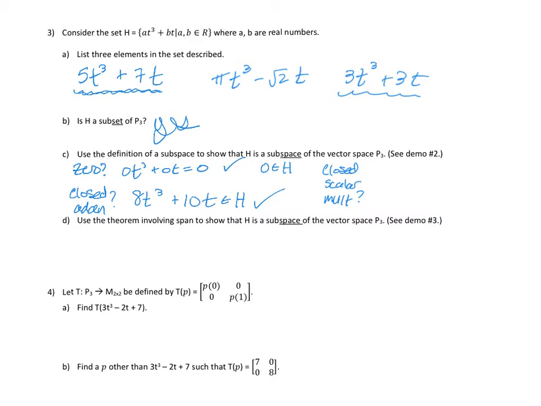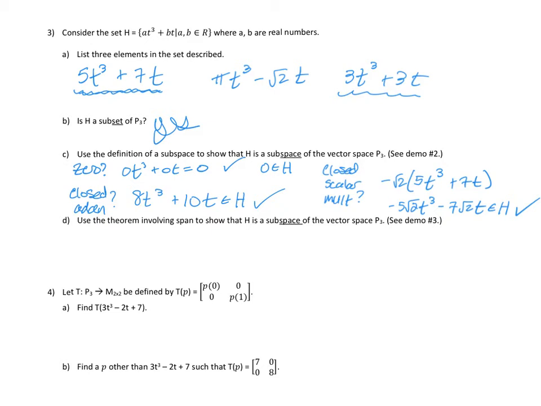Always good to pick a weird scalar, like maybe a negative, and an irrational number like root 2. Negative root 2 times 5t cubed plus 7t. And then you get negative 5 root 2 t cubed minus 7 root 2 t. That is still an element of H. So it's closed under scalar multiplication.